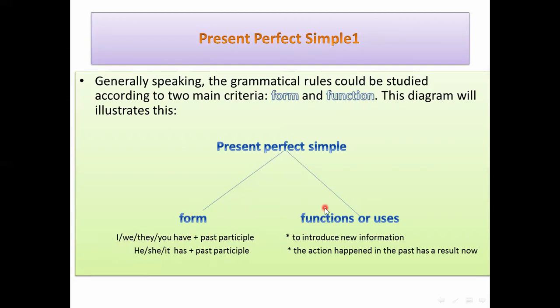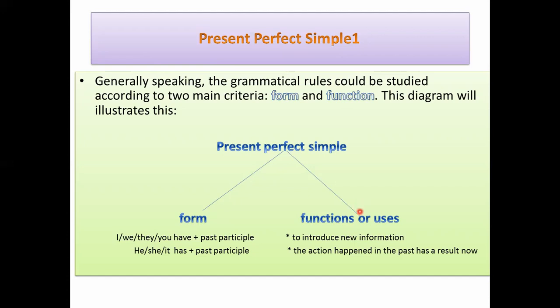In terms of the function or the use of the verb, every tense has several uses. A given tense can be used depending on the nature of the action or events, when or how an action happens.